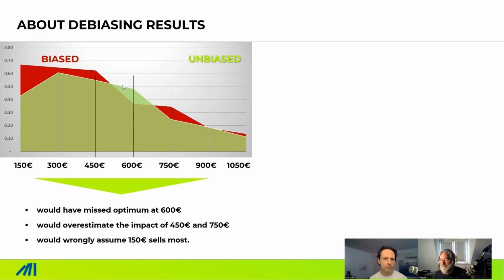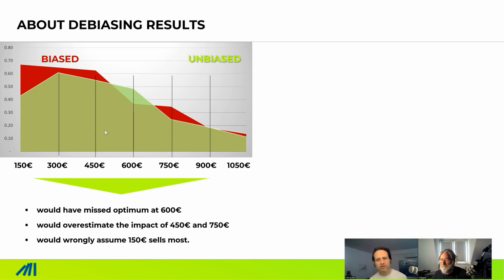And also in the middle, you see here that for the middle price, it actually gives you a higher likelihood to buy. So the optimal price for both curves is different. That's what the machine learning brings.